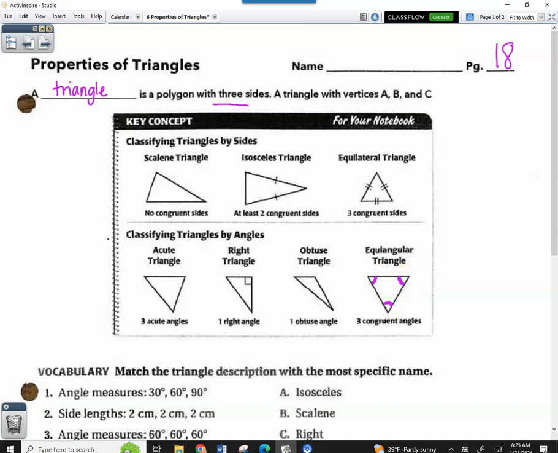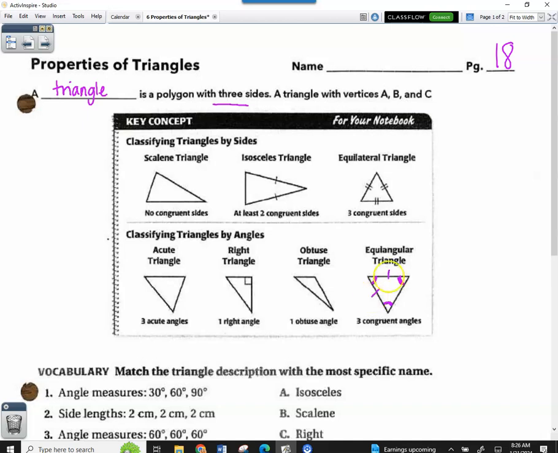What's nice about triangles, however, is that however many congruent angles is the same number of congruent sides. Okay? I'm going to say it again. However many congruent angles is the same number of congruent sides. So if you have an equiangular triangle, you have how many congruent angles? 3. So then how many congruent sides would I have? 3.